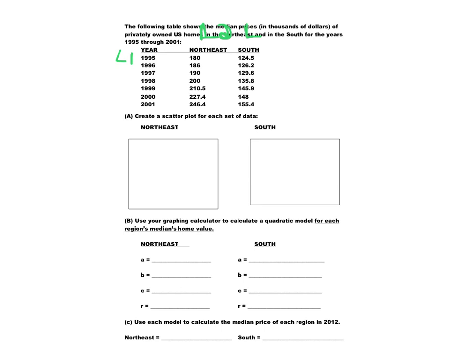And then here they're giving us the data for the South, so that's going to be our list 3 data. So take a moment, enter in the data into all 3 of these lists, L1 for the years, L2 for the Northeast, L3 for the South, and then take a picture of that data.